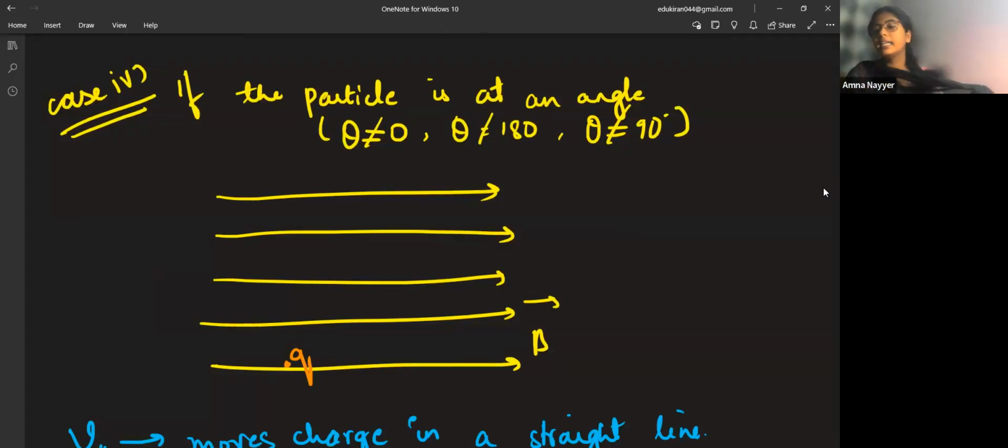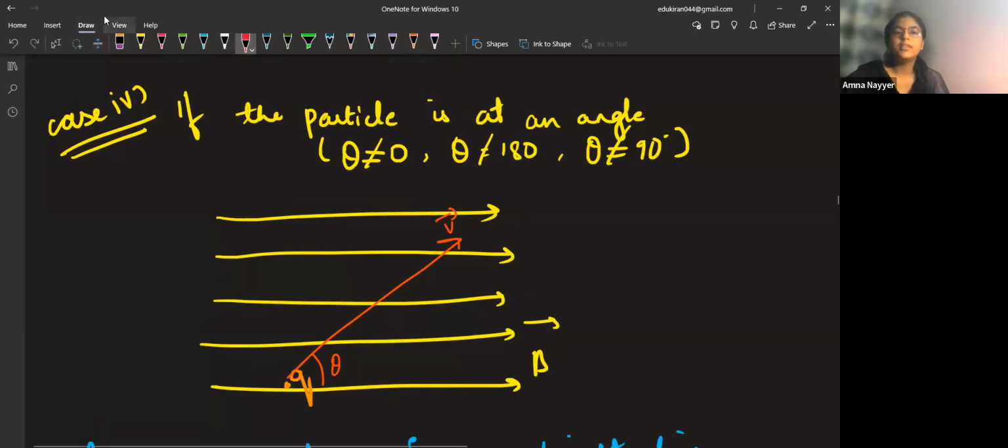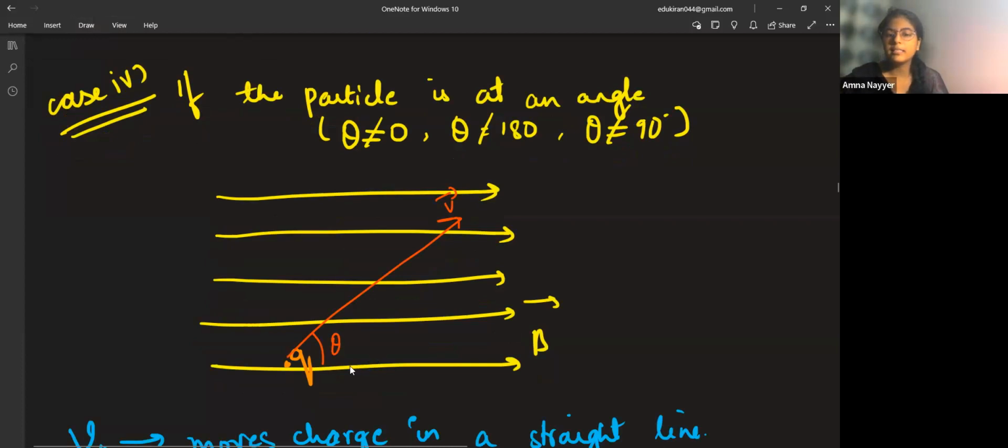If the particle is at an angle, not making one such angle, it's at a random angle, how will you now solve the questions? Suppose this is a charged particle moving at a random angle with velocity v. This angle can be anything. If it is making angle theta, then you can resolve the velocities.